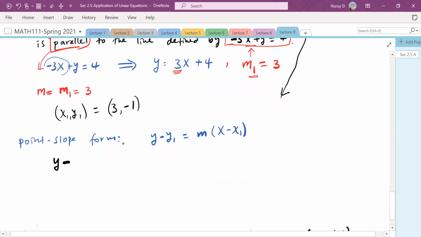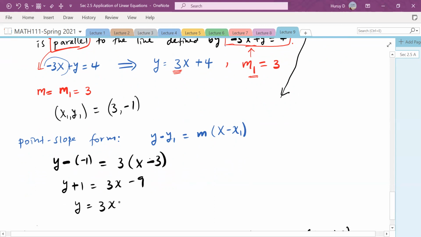Therefore, y minus y1 is -1 equals m, which is 3, times x minus x1, which is 3. And now we simplify this: 3x minus 9, and then we have y equals 3x minus 10.